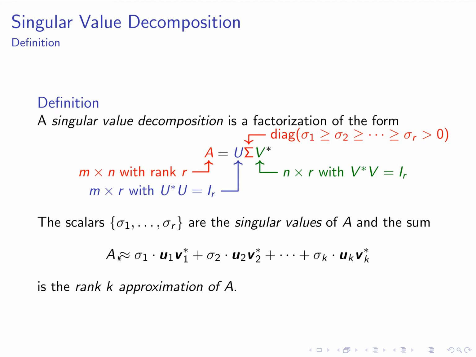And the sum of the form A approximately equals the first singular value multiplied by the first column of U multiplied by the first row of V conjugate transpose, plus sigma 2 multiplied by the second column of U multiplied by the second row of V conjugate transpose, all the way down to sigma sub k multiplied by the kth column of U multiplied by the kth row of V conjugate transpose, is what's called the rank k approximation of A.